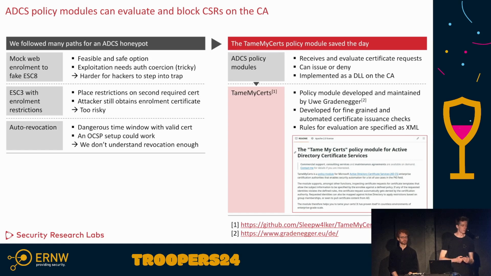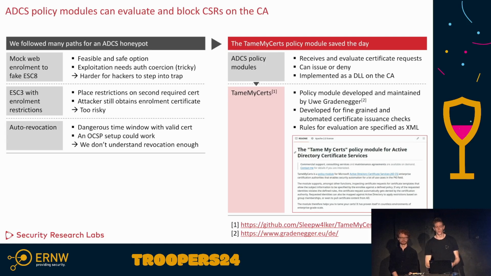So we weren't too happy about our options until we finally found out about policy modules. So what are policy modules? Policy modules provide a way for you to implement custom logic in the CA for certificate issuance or denial, and it's implemented with a DLL that you load on the CA server. We found a very great implementation of such an ADCS policy module called TameMyCerts, which is developed and maintained by Uwe Gradenegger.